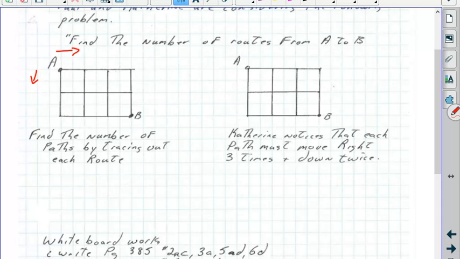So just using this one, if I arrange those moves in order, we have this word, RDDRR. Not a word, but it's an arrangement of things that are repeating.